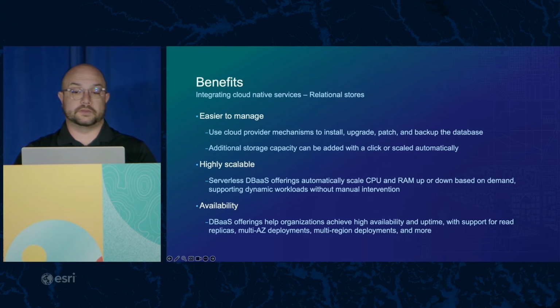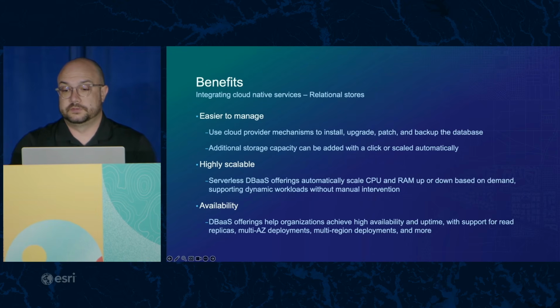It's also much easier to scale the storage capacity. It can be scaled up and down with just a click, or you can enable storage auto-scaling on the instance itself. This allows the service to detect when the space is running low and automatically scale up until it reaches a threshold that you can also define. They're also scalable in terms of CPU and RAM.